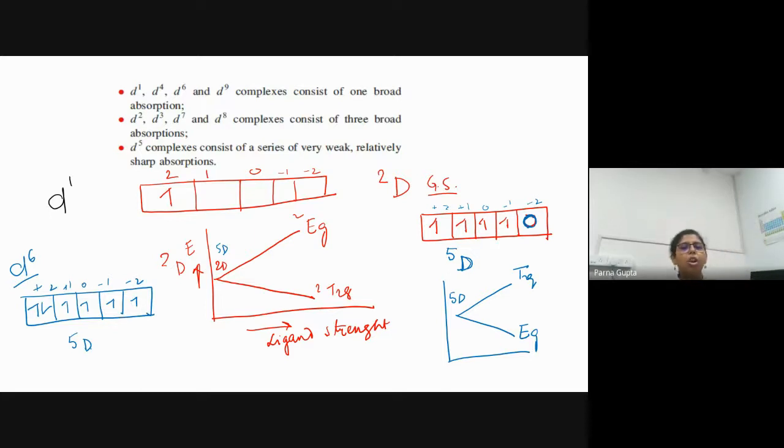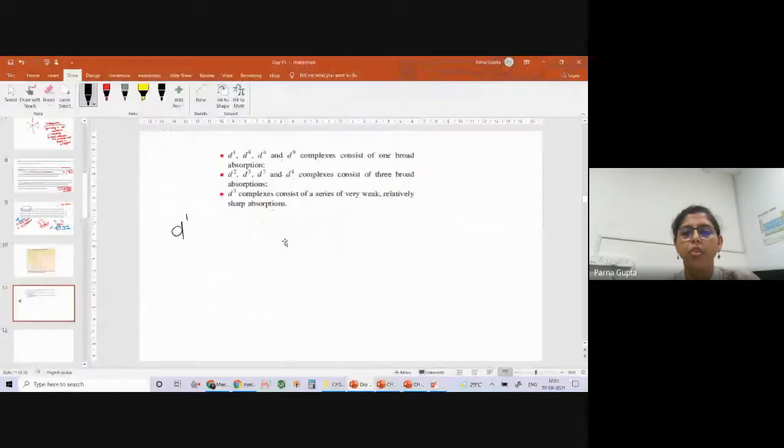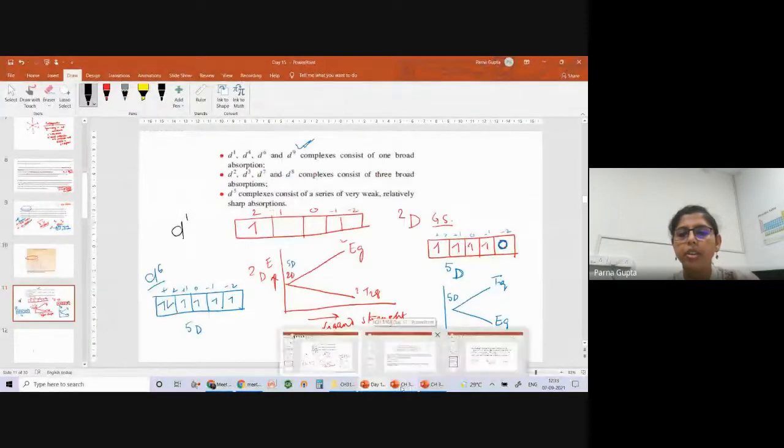It is not whole. And if we go to the d9 system, then again it consists of the opposite thing. So what is the overall picture?